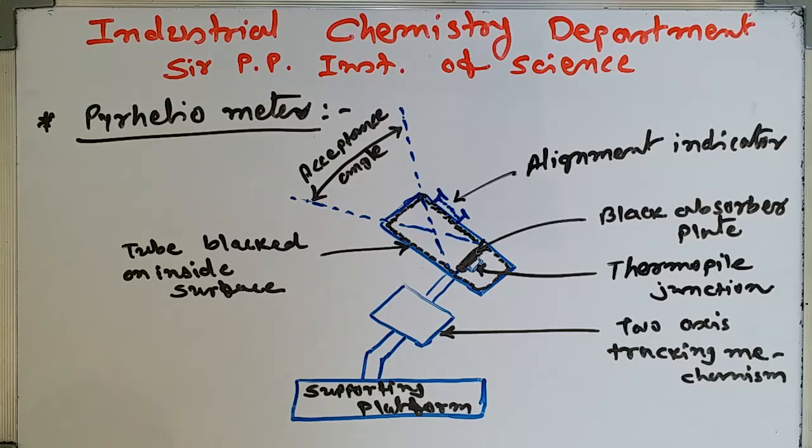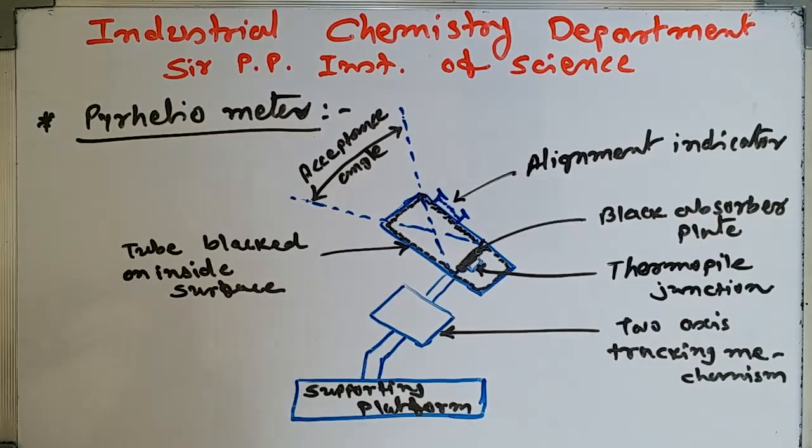So the black disc absorbs beam radiation. It is noted that the black disc absorbs only beam radiation and a small amount of diffuse radiation falling within the acceptance angle of the instrument.